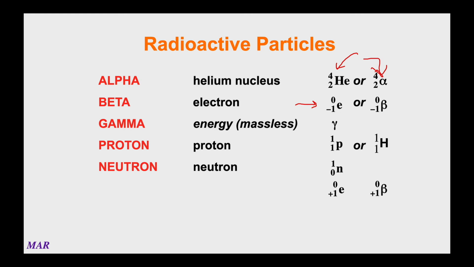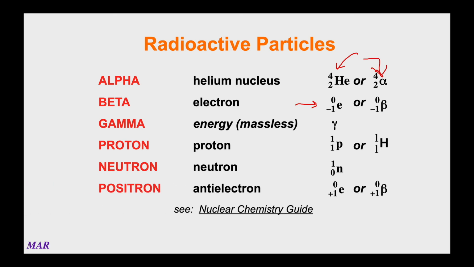So protons and neutrons are kind of cool. But the newest one, and the one that really gets me jazzed up here as your Star Trek loving instructor, is a positron. A positron is an anti-electron, all right? So first of all, just look at the symbolism. 0 +1 E or 0 +1 beta, all right? The regular electron, 0 -1 E or 0 -1 beta.